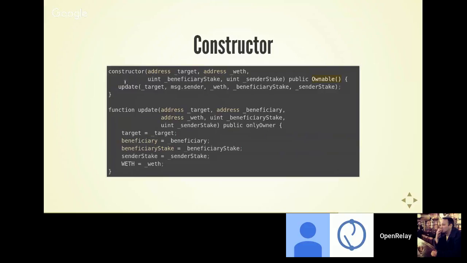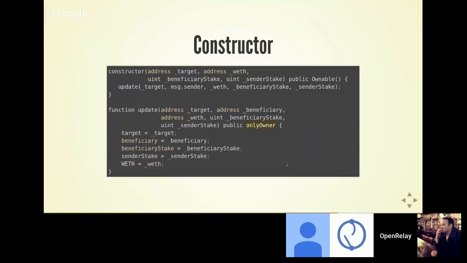Then from there, the constructor just calls update. So the update function down here will be callable only by the owner. This is, again, the Solidity version of a decorator saying that only the owner is allowed to call this function, and it will defer that to the Ownable part of the contract that is not implemented in this file but comes from OpenZeppelin.